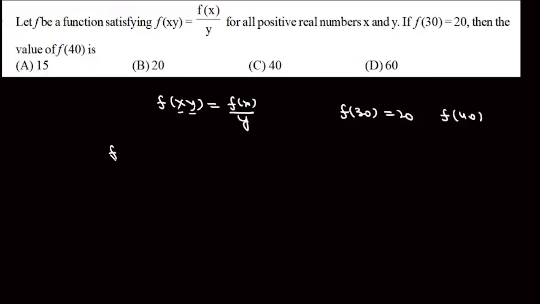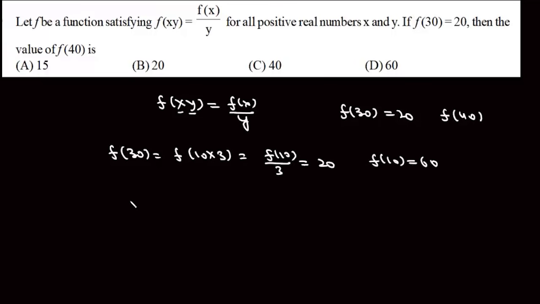Now we'll write this f(30) as f(10 into 3) because we'll need 10 for 40 also. So it'll be f(10)/3 and we are given that this is 20. So the value of f(10) is 60.